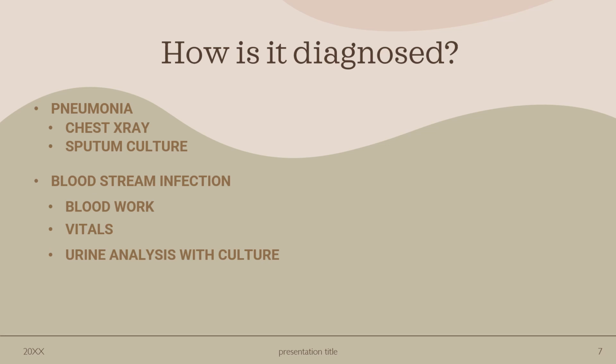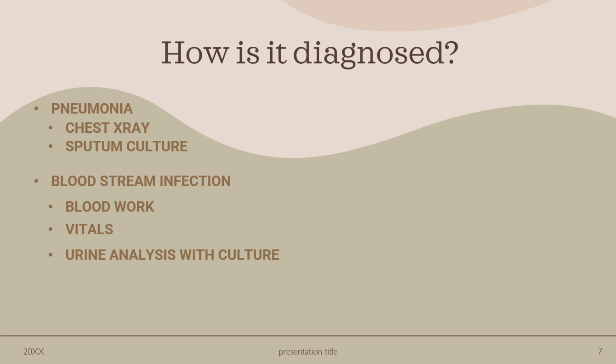With bloodstream infections, blood work is typically done where they look at your white blood cell count, and if it's high, that means that you have some kind of infection present. Another way to diagnose a bloodstream infection would be vitals, low blood pressure. You can have a fever. I'm pretty sure nausea and vomiting would be another way to diagnose that.